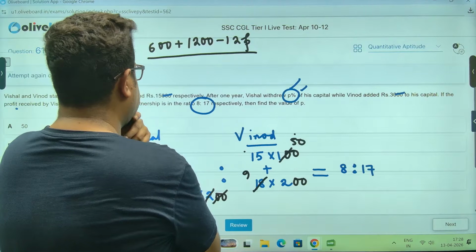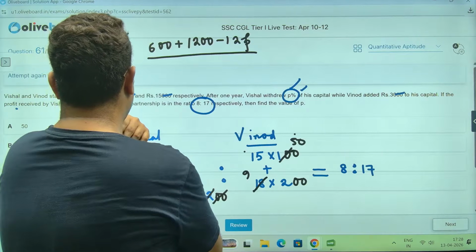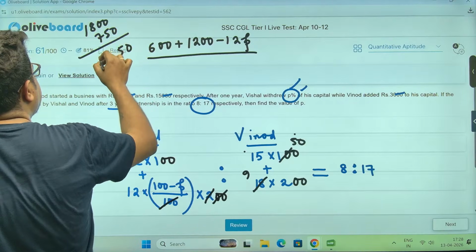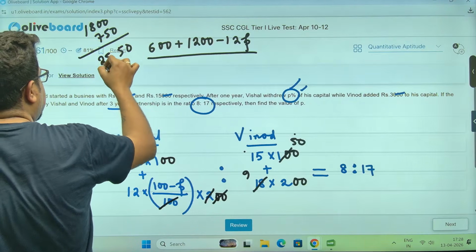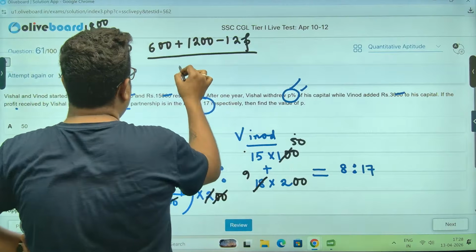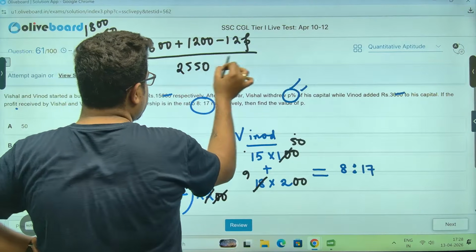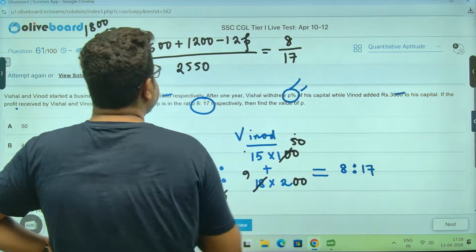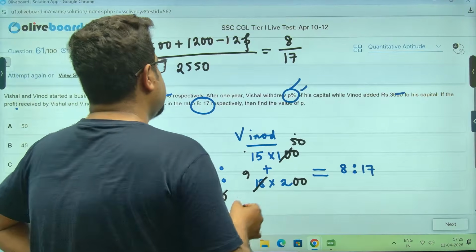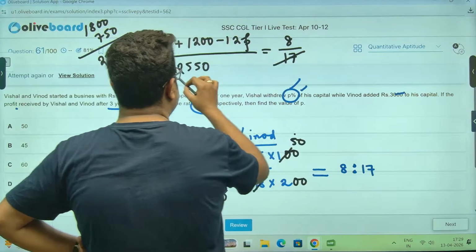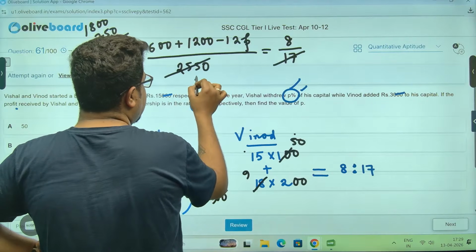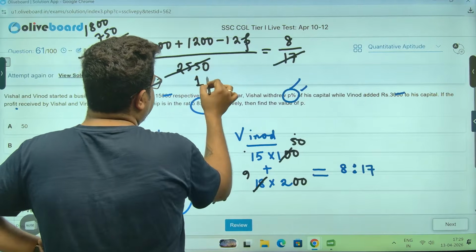Just a second. 50 and 80 and 17, 18 and 7 is 25. So it will be 2550, sir. That is equal to 8/17. So this will cancel actually. 17 ones are 17, 85 fives are this.